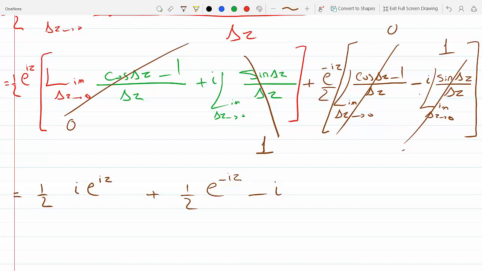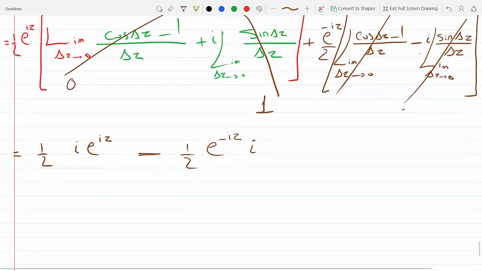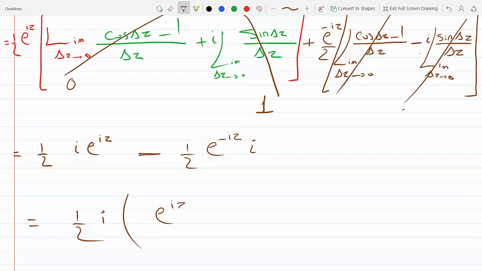Multiplying minus i, so we can make this a minus, and this here is an i. Okay, great. That's all we have. So now factor out the i, or half i. We will get e to the iz minus e to the minus iz.